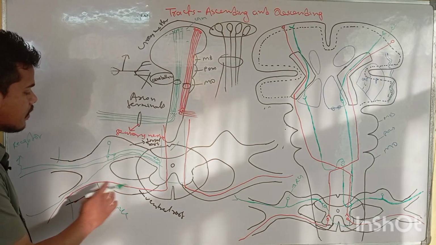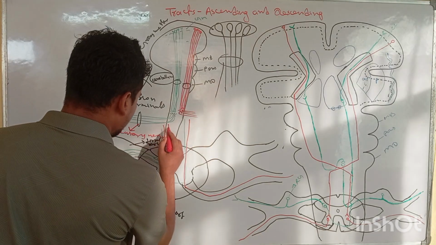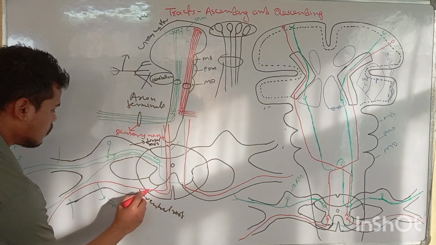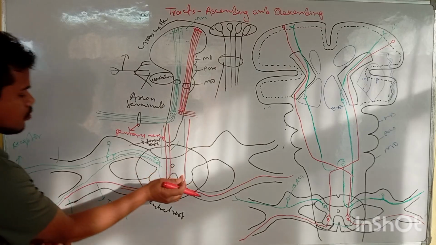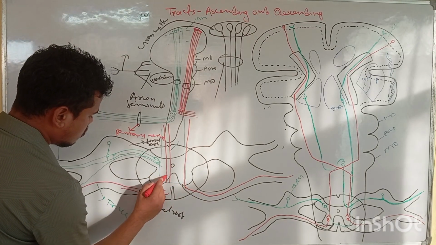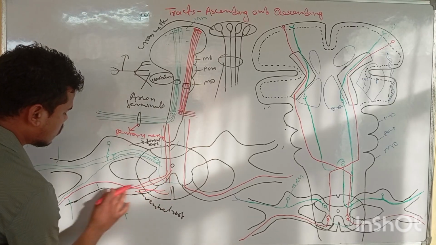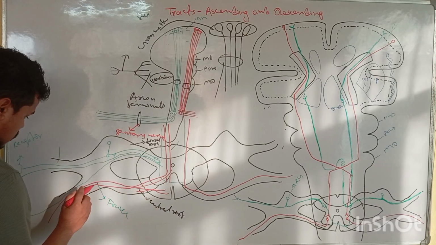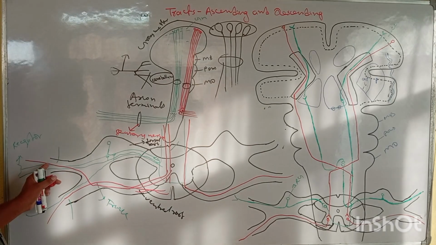So for that, this motor fiber will always come through the ventral root, but it may go to the dorsal ramus also.